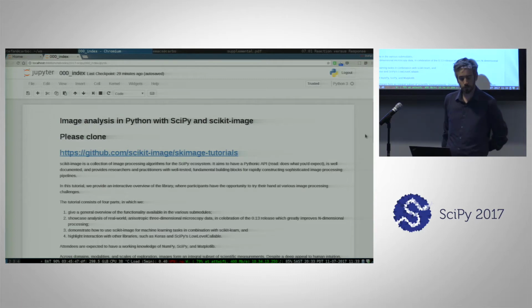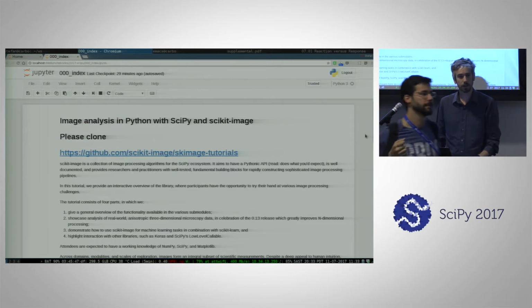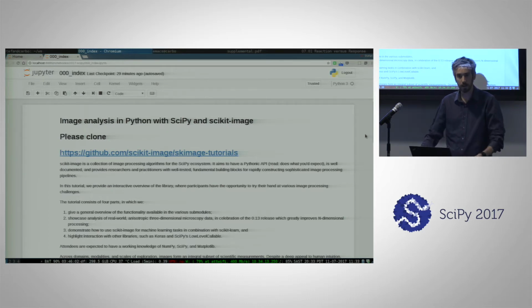So scikit-image was founded around 2009 as a collection of image processing scripts for use inside of the SciPy ecosystem. Scikit-image itself built on top of existing tools like NumPy and SciPy. Specifically, we make use of SciPy's ndimage submodule, which contains a lot of the underlying low-level functionality that we employ for image transformations, interpolation, and that sort of thing.